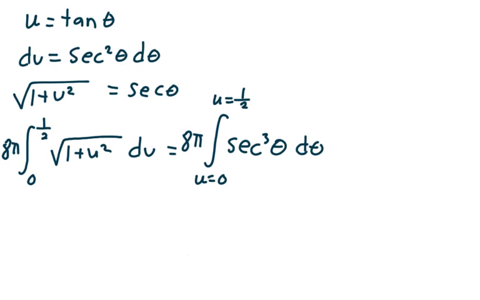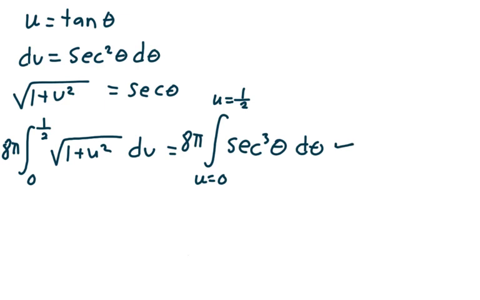So u is tangent theta, du is secant squared theta d theta. Square root of 1 plus u squared is secant theta. So 8 pi times the integral from 0 to 1/2 of square root of 1 plus u squared du is 8 pi times the integral from u equals 0 to u equals 1/2 of secant cubed theta d theta.